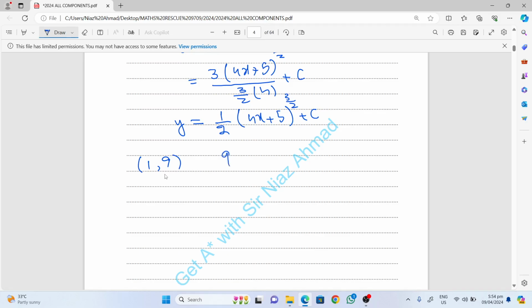For the value of c, you can put y equals 9, x equals 1: 1 over 2 into (4 into 1 plus 5)^(3/2) plus c. So 9 is 4 plus 5, 9 to the power 3 by 2, the square root is 3, it's 27 by 2, plus c, and c will be 9 minus 27 by 2.